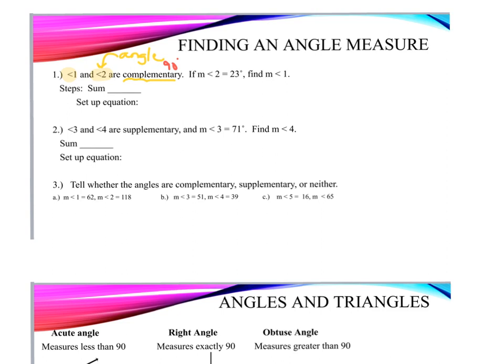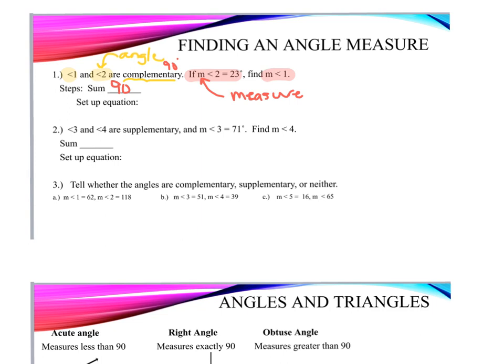Okay, keep reading. If the measure of angle 2, notice I said measure. I didn't see the word measure, no. I saw M. M stands for measure. Write that in there. So if the measure of angle 2 is 23 degrees, find the measure of angle 1. Okay, remember, angle 1 and 2 are complementary. So I know that the sum is 90.